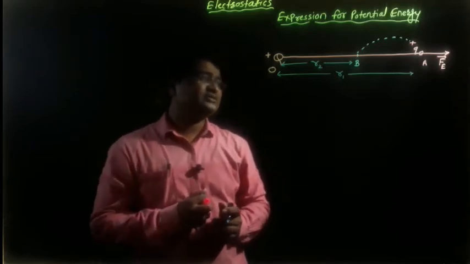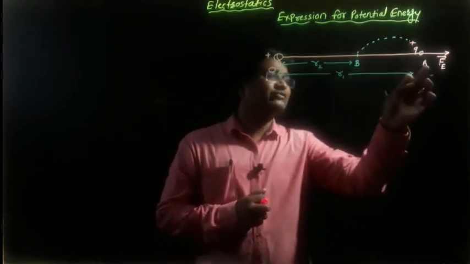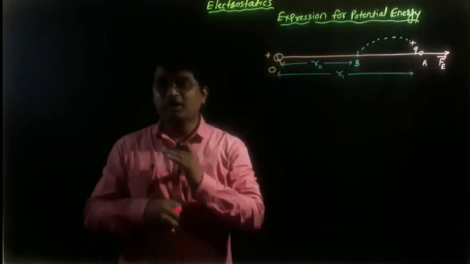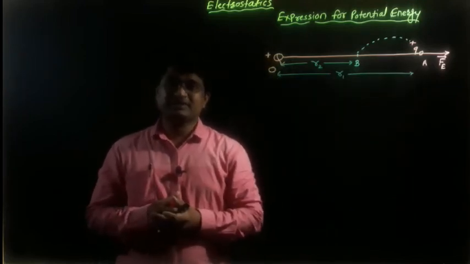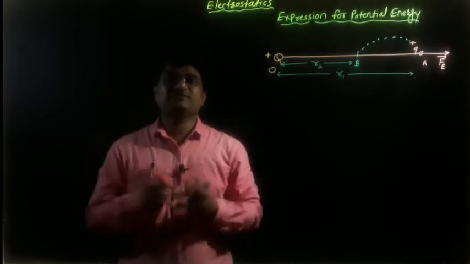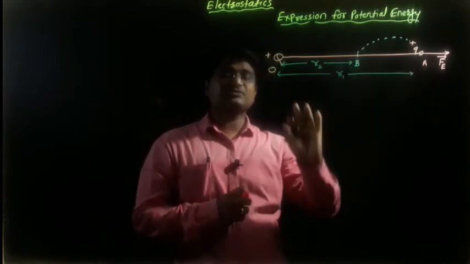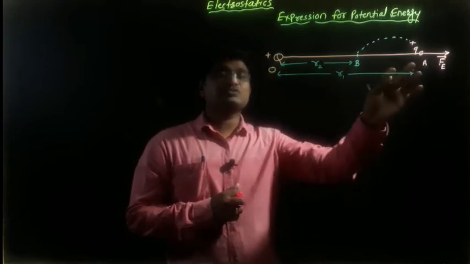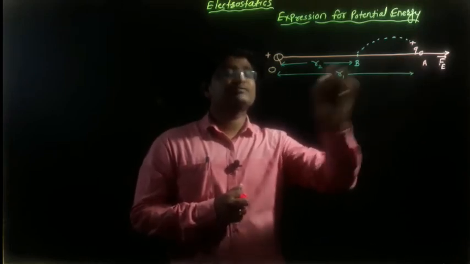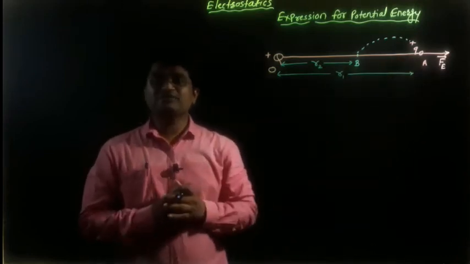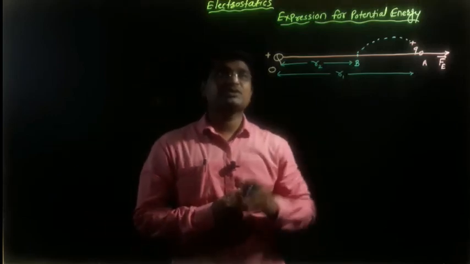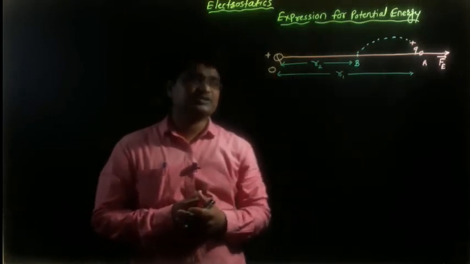So let's imagine that when this charge moves from A to B, how much work has to be done? With the help of this we find the expression for potential energy. First of all, we need to determine how much work has to be done when this charge moves from A to B. This work done we determine, and with the help of this we find the expression for potential energy.